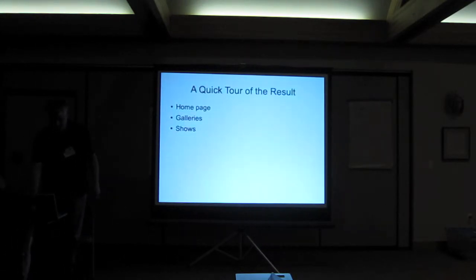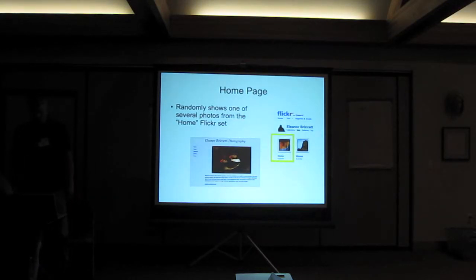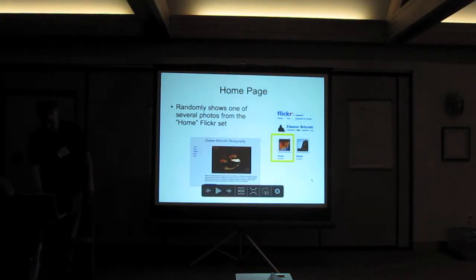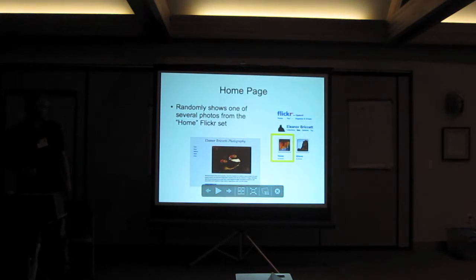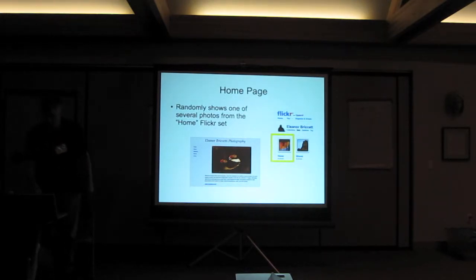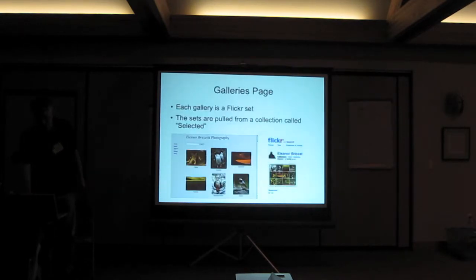Okay, so we'll look at the homepage, galleries, and shows. On the homepage, there's code that every time you run it, it will randomly choose a picture to show, and it'll pull those pictures from a set from the user's Flickr. Each gallery is a Flickr set, and the sets are pulled from a collection.